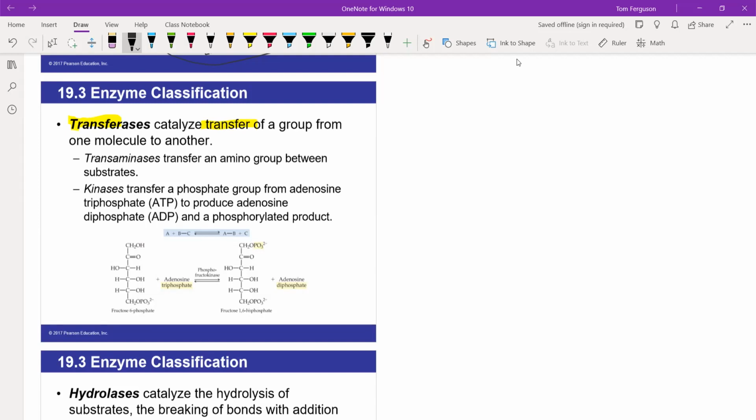Transaminase. That transfers an amino group between the substrate and the product. And a kinase transfers a phosphate group to the product. Okay.